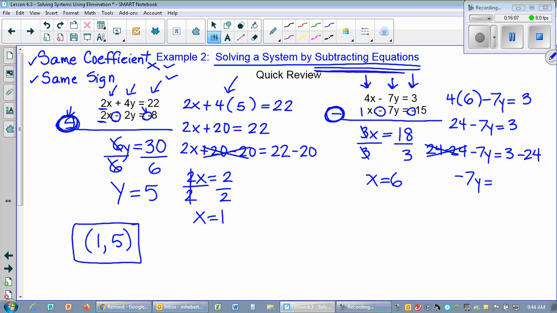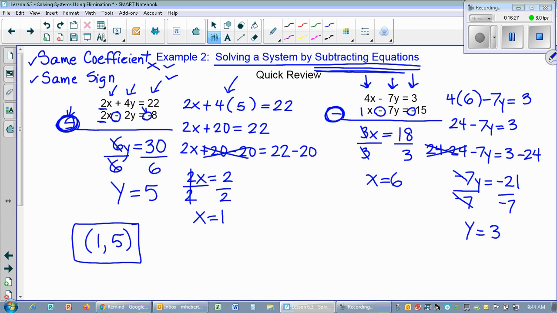And 3 take away 24 is a negative 21. We will then divide each side by negative 7. The negative 7's cross cancel each other out, leaving you with a 1y. Negative 21 divided by negative 7 is a positive 3.